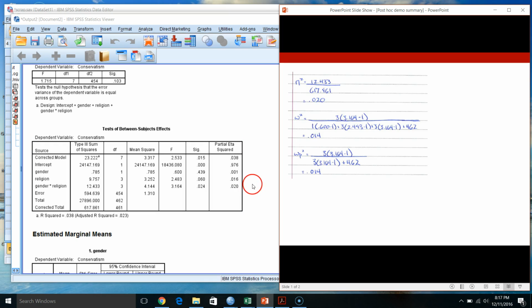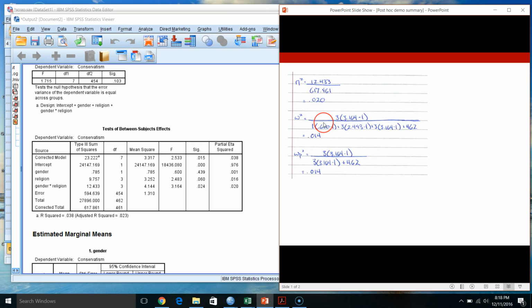Again, that's probably because, remember, our eta squared is the proportion of total variability. Partial eta squared is the proportion of residual variability after we account for variability in our outcome that's due to religion and gender. But given that religion and gender really aren't accounting for much of anything, there's not much being sucked out of that denominator, and so our partial eta squared and our eta squared are pretty similar here.